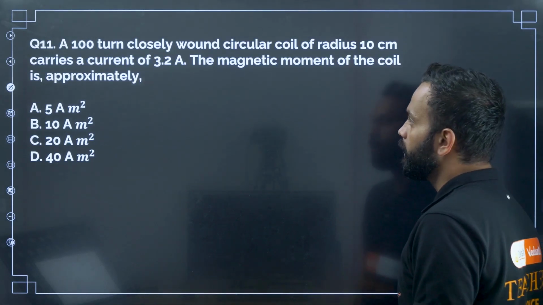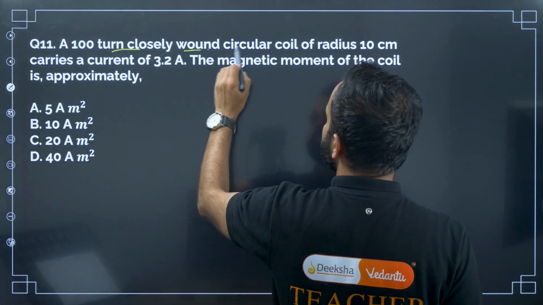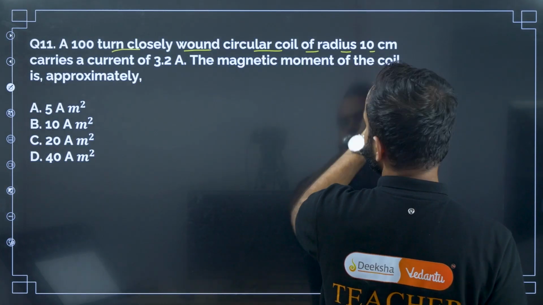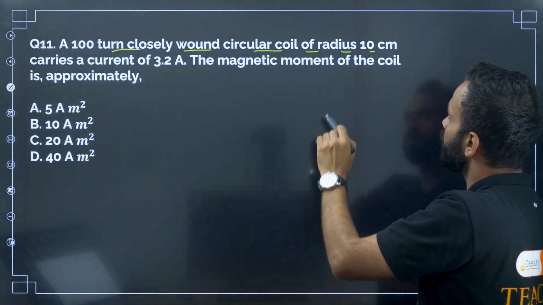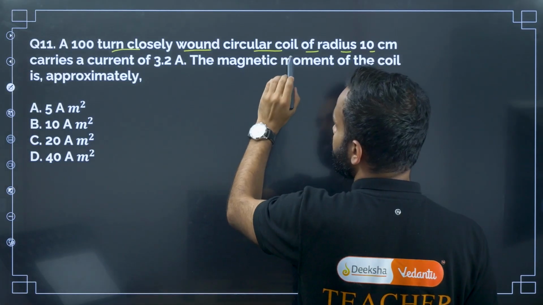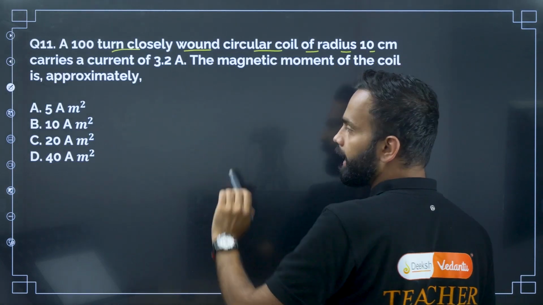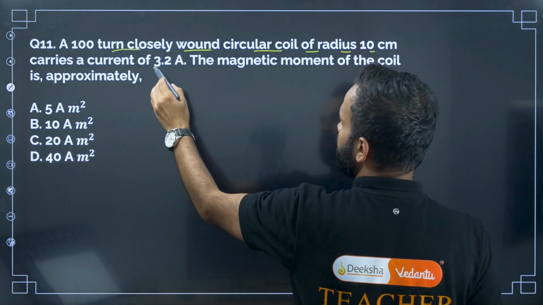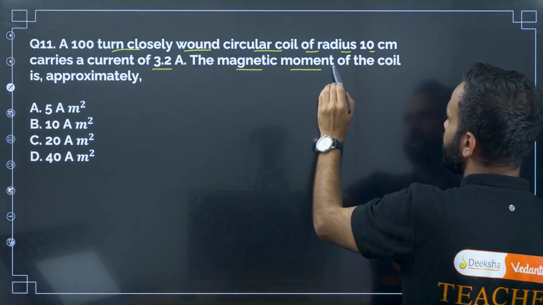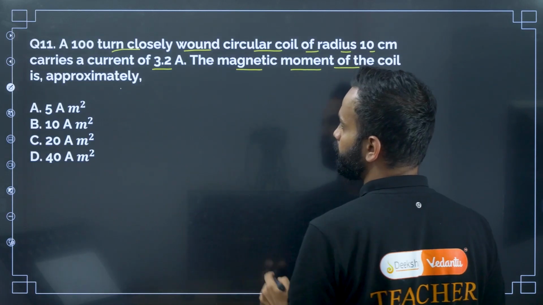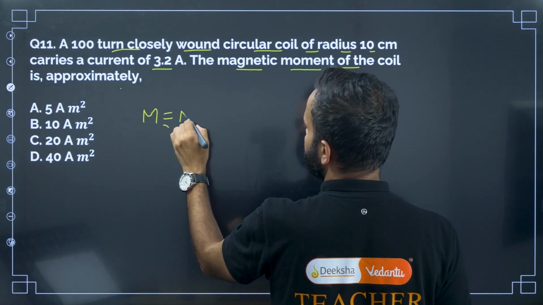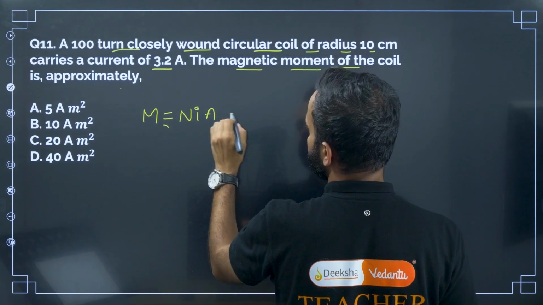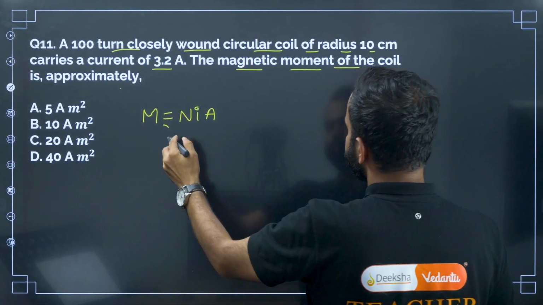Question number 11. A 100 turn closely wound circular coil of radius 10 centimeter carries a current of 3.2 ampere. So R equals 10 centimeter and N equals 100. The magnetic moment of the coil M equals N into I into A, right?